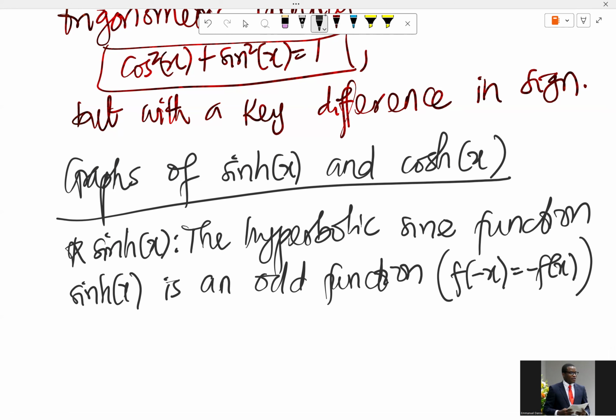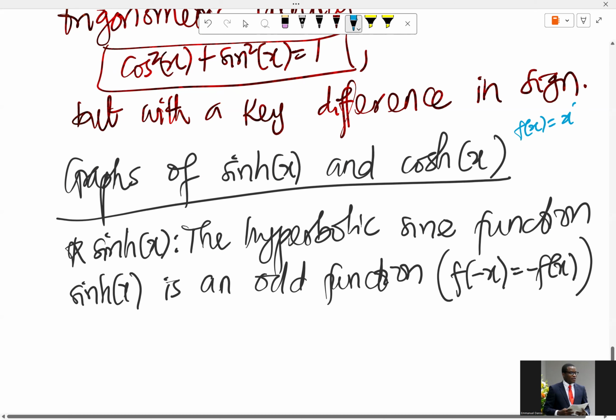If f of x equals x cubed, then f of minus 2 is minus 2 raised to power 3, which is minus 2 times minus 2 times minus 2, that is minus 8. So f of minus 2 is the same thing as minus f of 2, because if you put 2 here, you get 8. So that's how you know an odd function.